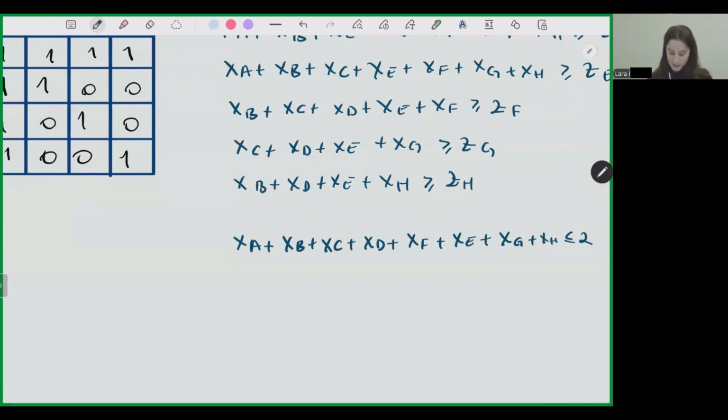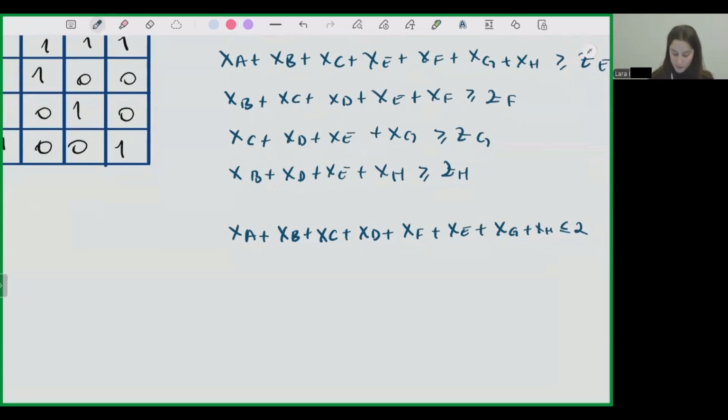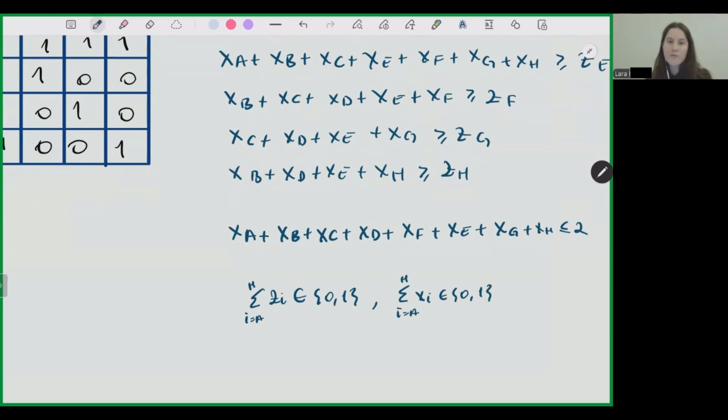And as the last constraints, the binary constraints: of course, ZI, from A to H, has to be 1 or 0. And for X, the same. So XI can be 0 or 1 because it's a binary variable.